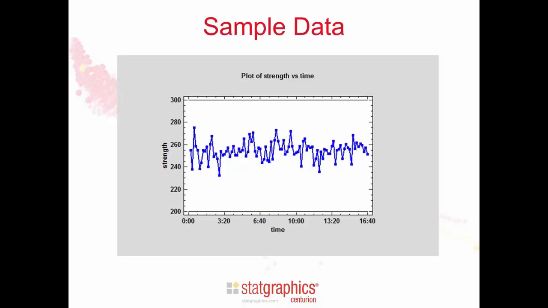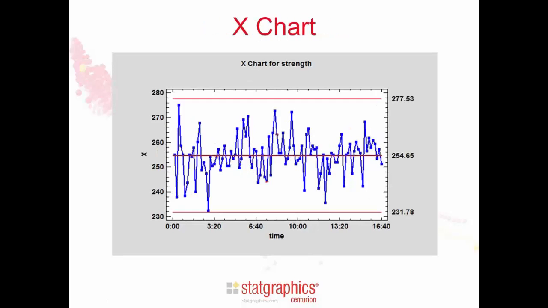Okay? This, for example, is a picture of a standard X chart on the data, and you'll note that the limits are fairly tight. They go from 231 to 278. Well, let's talk about an acceptance control chart for a moment. How might we design a control chart that takes the specification limits into account?